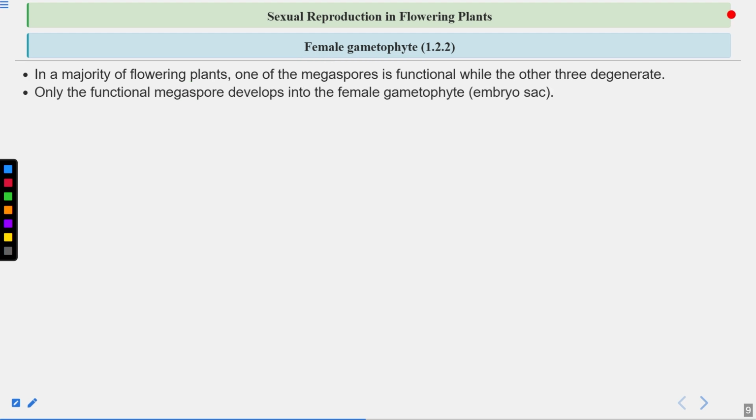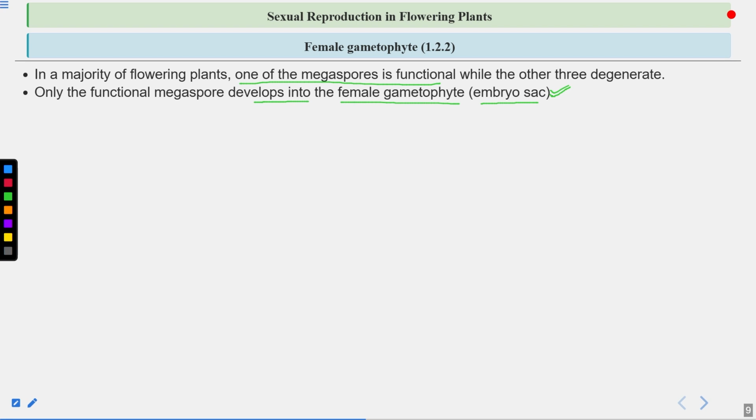Now, only the functional megaspore develops into the female gametophyte, which is called the embryo sac. This one functional megaspore is involved in the formation of the whole embryo sac, and that is why it is called monosporic development.